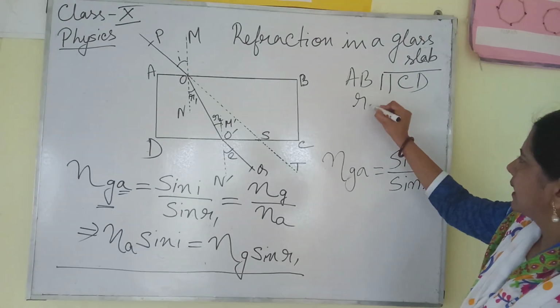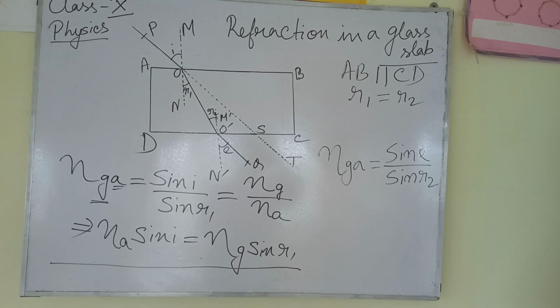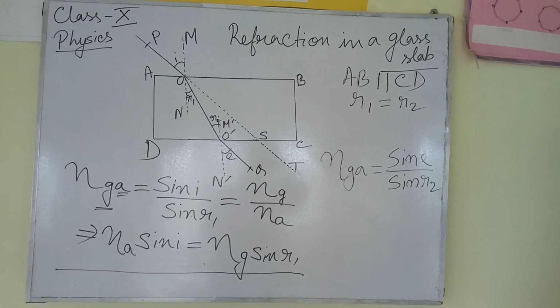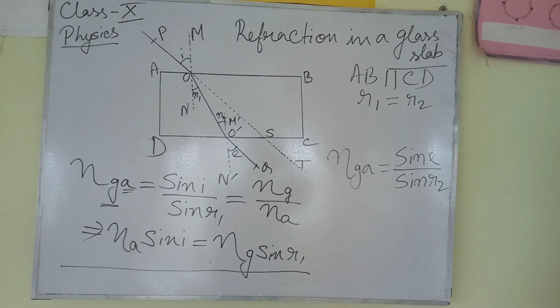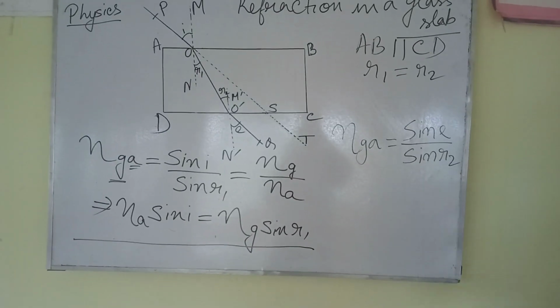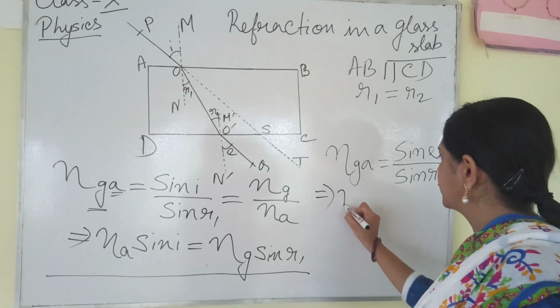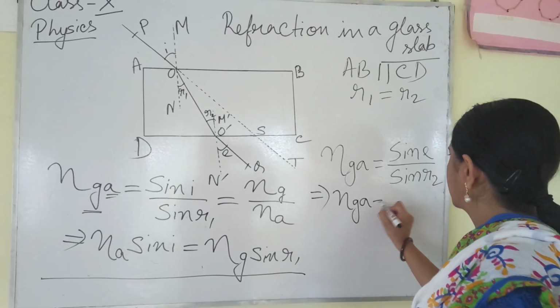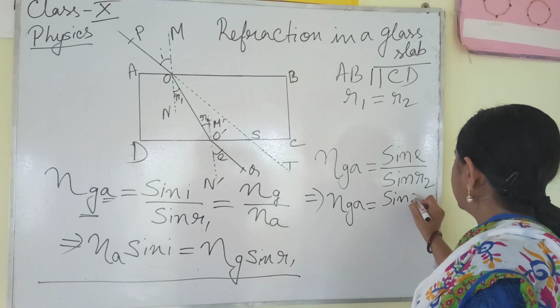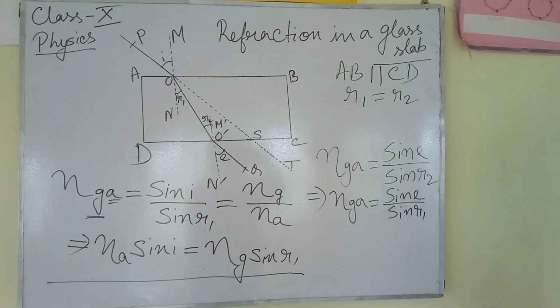So I can say R1 equals R2 because they are alternate angles. If R1 equals R2, instead of R2 I can put R1 here. So my equation becomes sin E by sin R1.